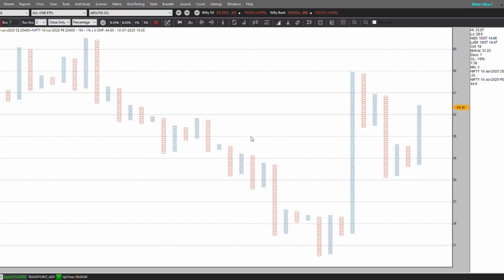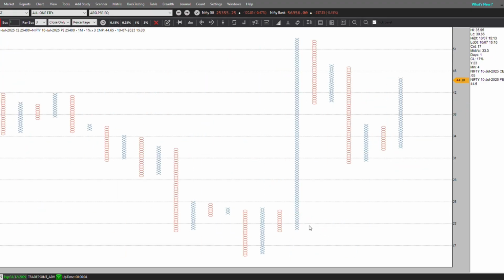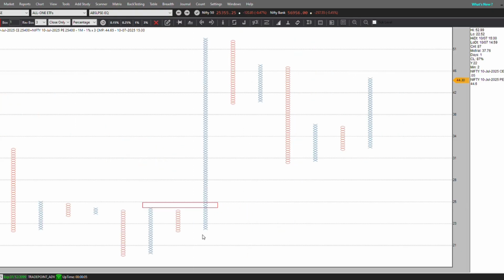I am writing in many charts that this is double top buy. Now, what is double top buy? I will teach you that. See this area, I hope you are able to see.